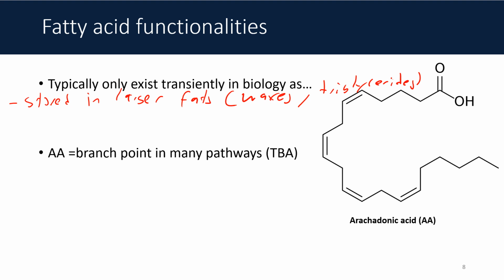But when it's time to digest, let's say, a triglyceride for food, we can crack them off and use them as substrates for a process known as beta oxidation. We will devote an entire lecture to beta oxidation. It's basically the process by which we respire fatty acids and convert them into chemical energy or usable chemical energy, ATP.